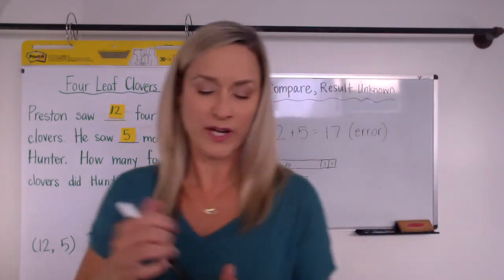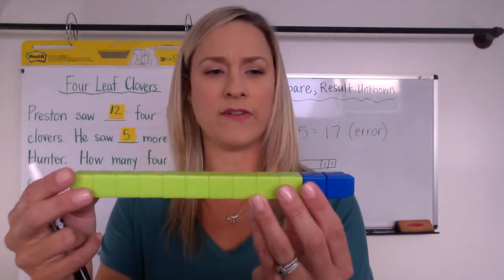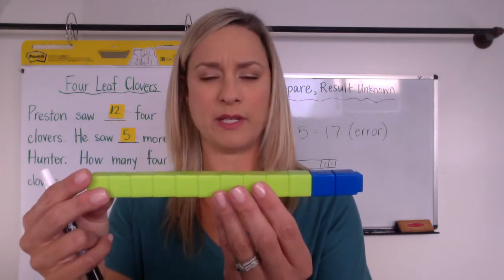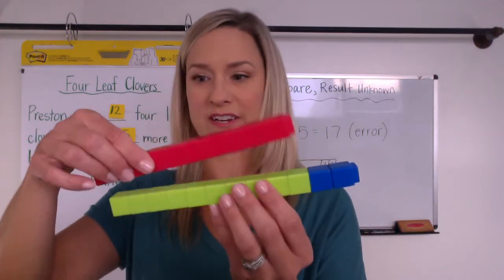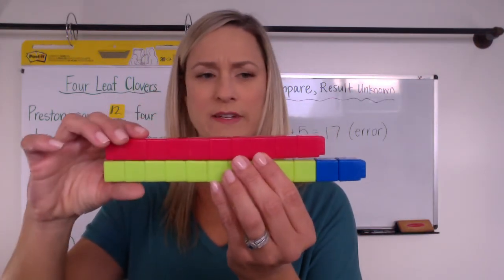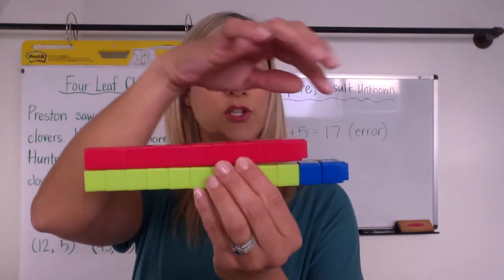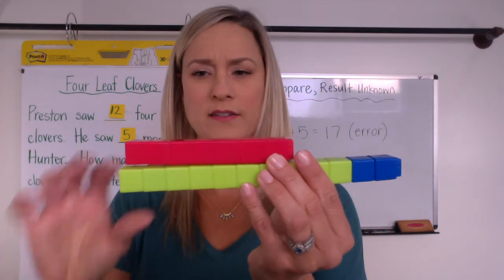Okay, so then we could use our tools and we could say, all right, if he has 12, what would 5 less be? So maybe you would do, or your child would do, right? You're not doing it for them, but you're just kind of playing around with tools at first, trying to figure it out. Oh, well, this one has 2 more. So then we can peel it back.